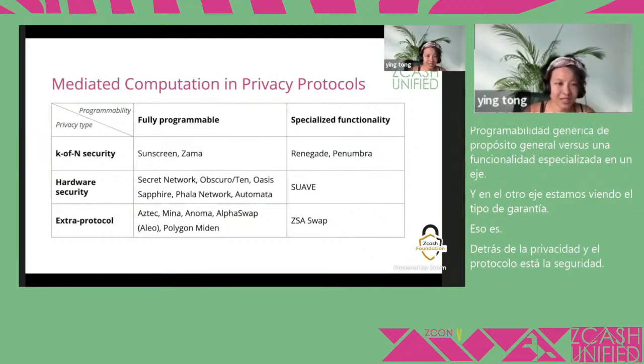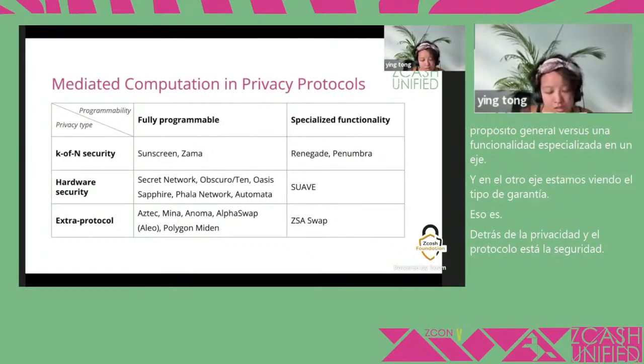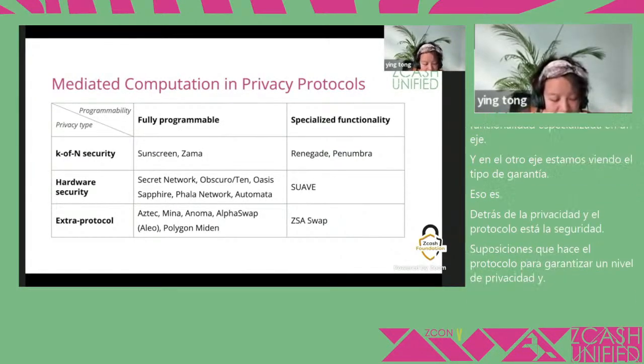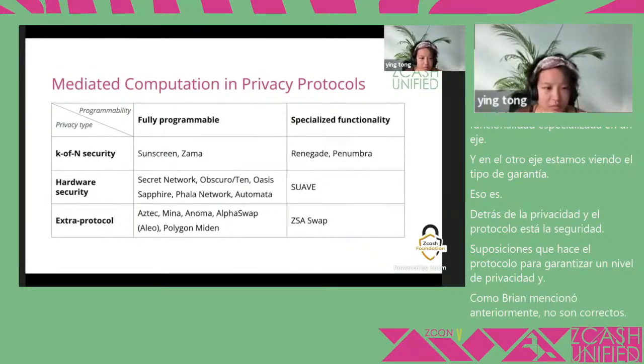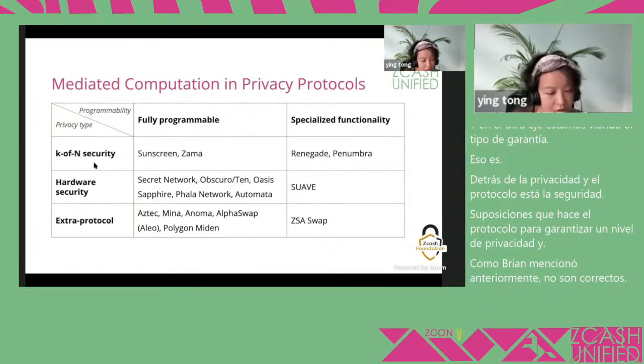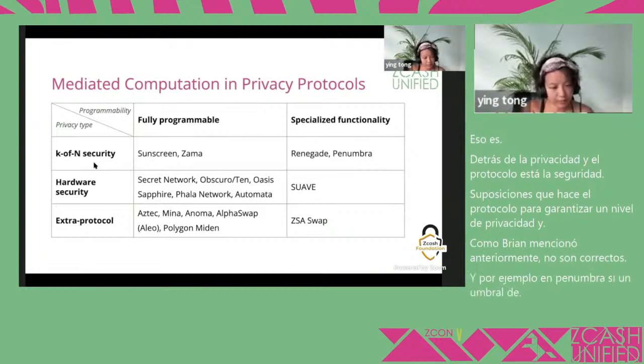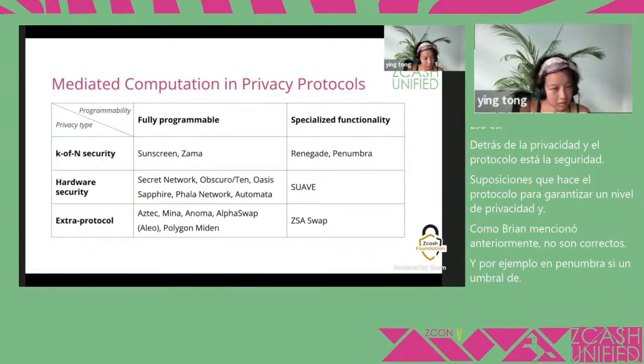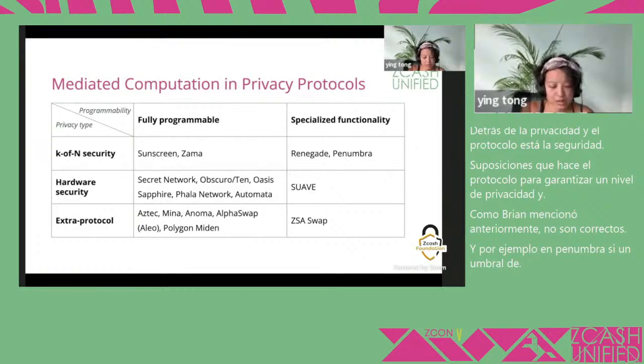And as Brian mentioned previously, these guarantees are not for correctness. So, for example, in Penumbra, if a threshold of validators colluded to decrypt an individual swap, then they could do no more.